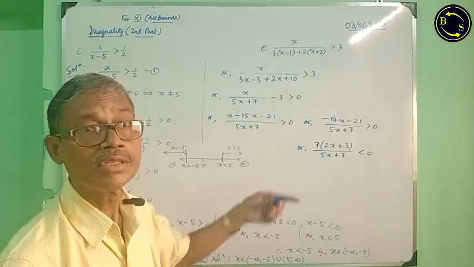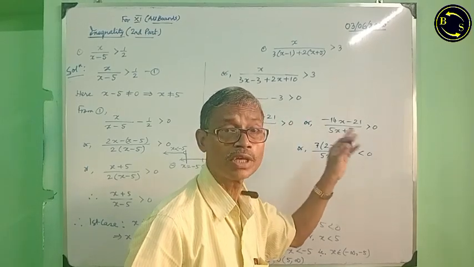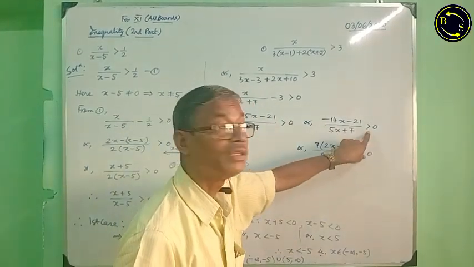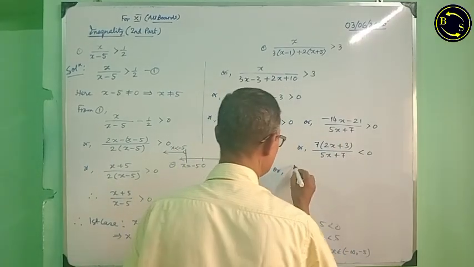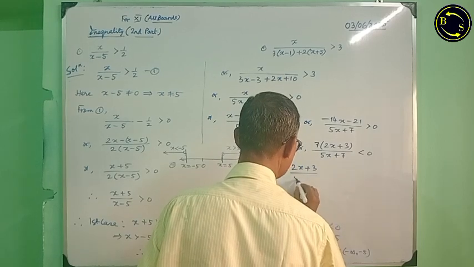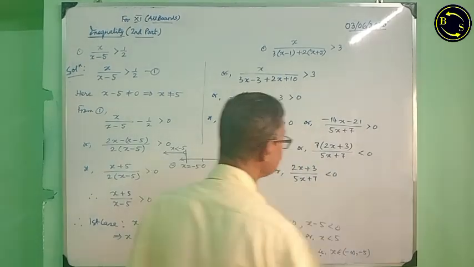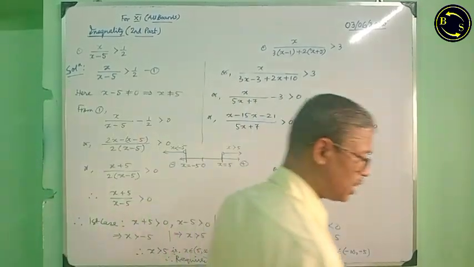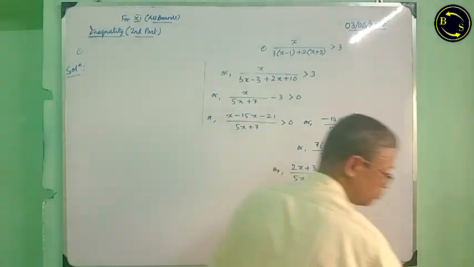I have multiplied both sides of the inequality by minus 1. This inequality sign is reversed, or 2x plus 3 by 5x plus 7 is less than 0. Divided both sides by 7, which is positive, therefore no change of the inequality symbol.